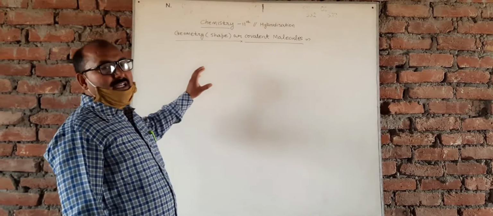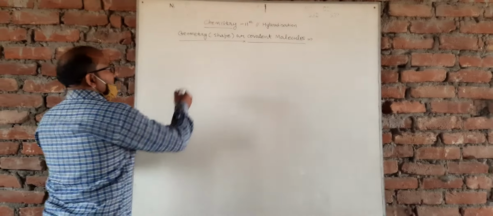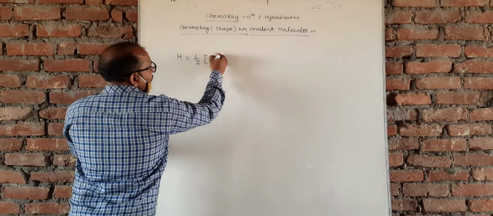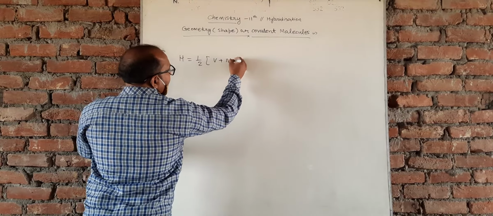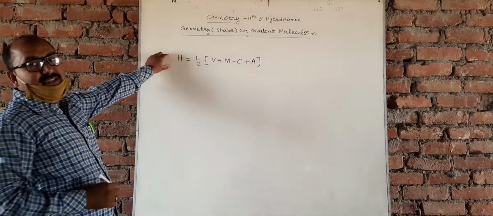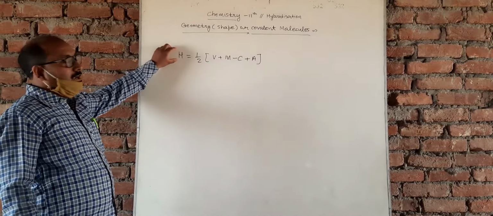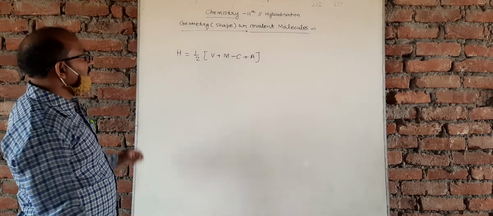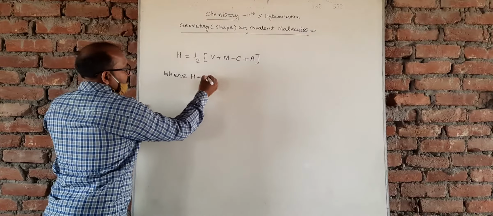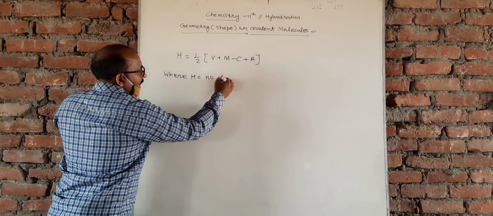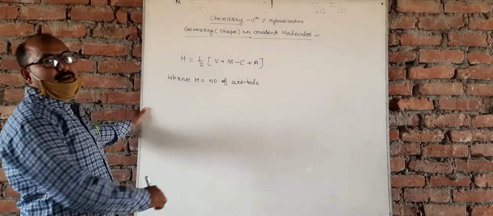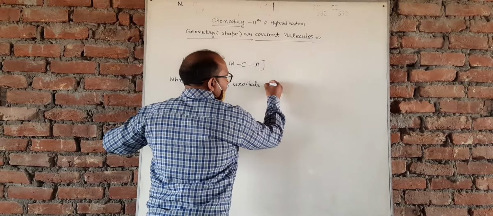We get it by a formula: capital H equals 1 by 2 (V plus M minus C plus A), where capital H is the number of orbitals involved in hybridization.